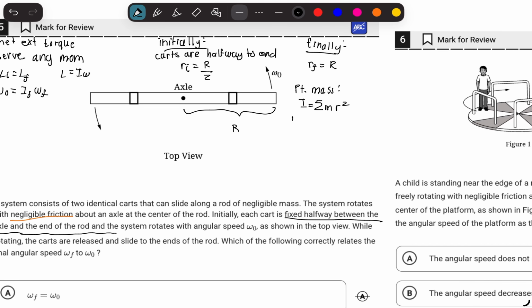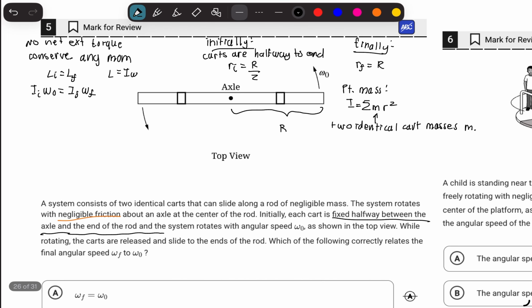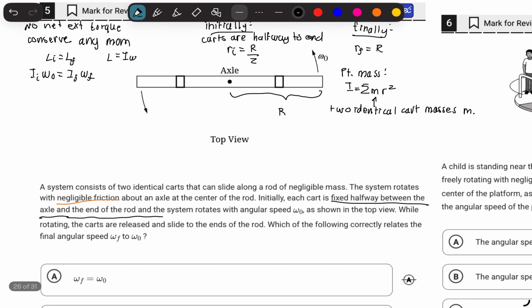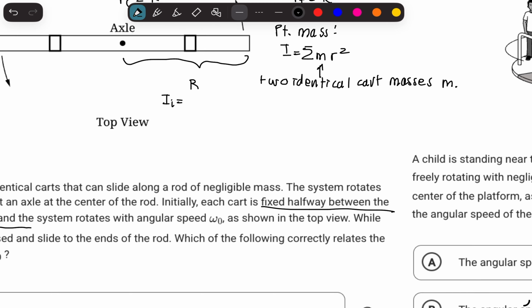And we have two identical cart masses M. So for your initial moment of inertia, I initial is equal to m(r over 2) squared plus m(r over 2) squared.